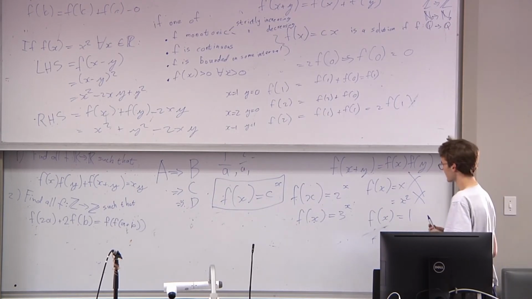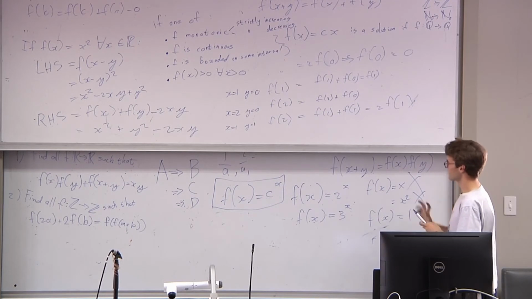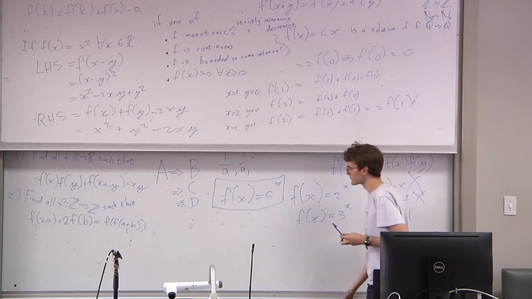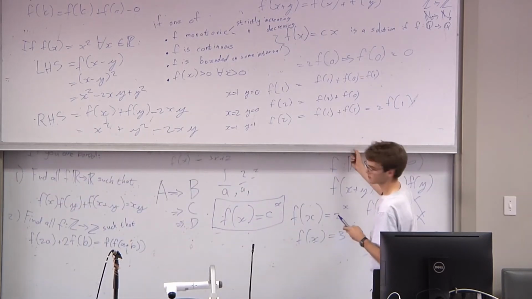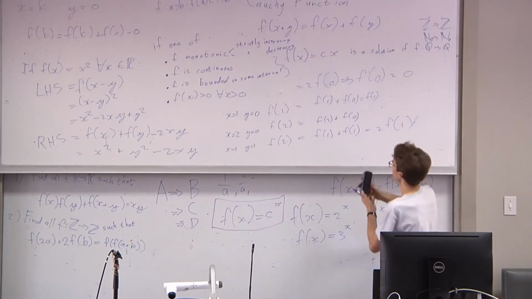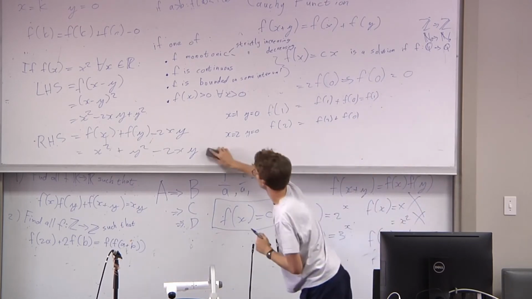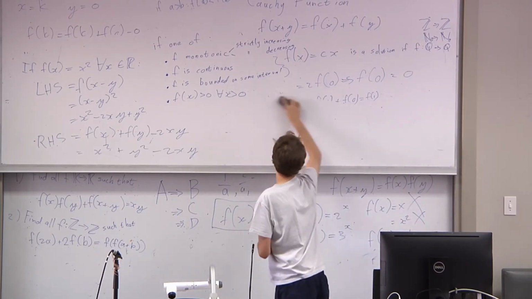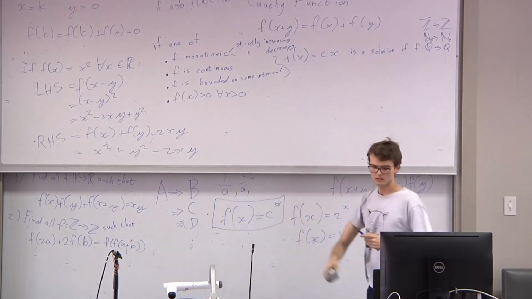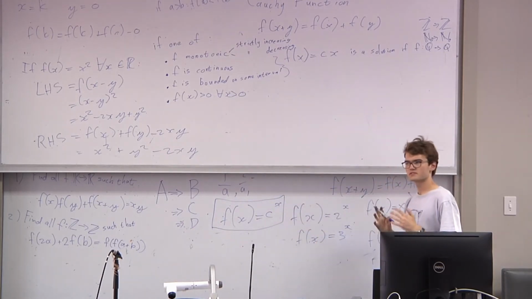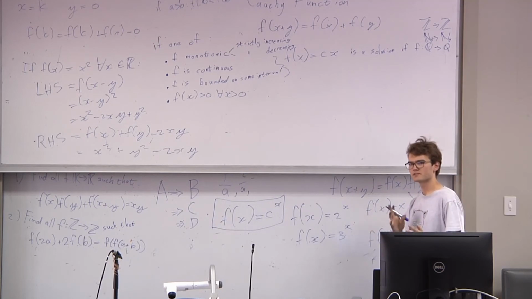Okay. So for the first step, I don't know how many of you have seen this before, but you all know how to take one number and raise it to the power of another number.